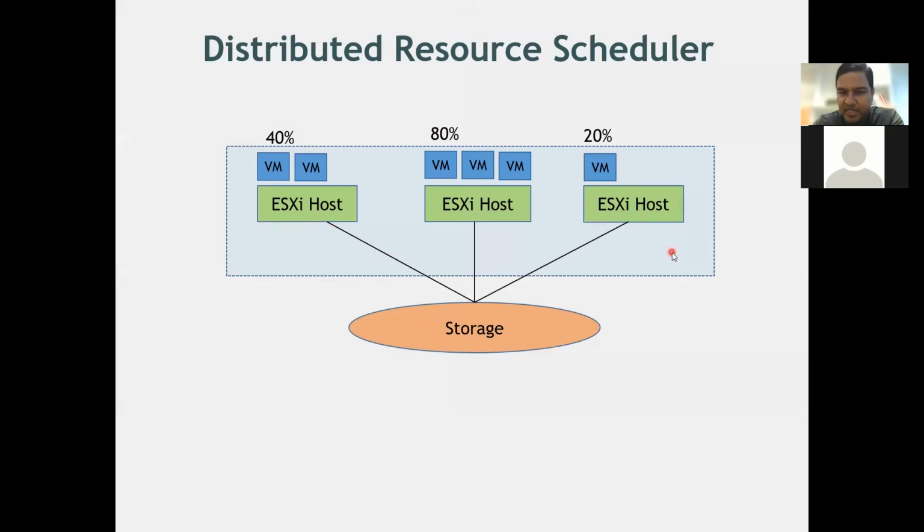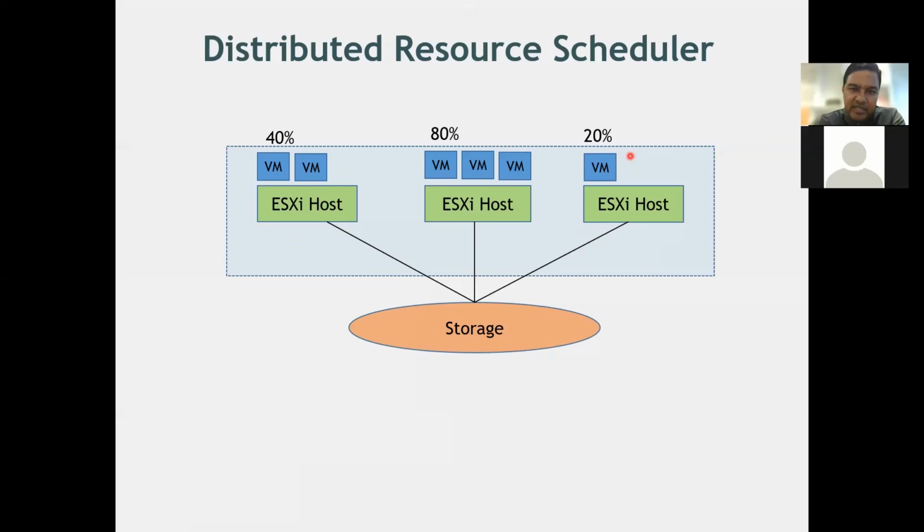We have made them a cluster and we have enabled DRS, the distributed resource scheduler. Now, in one host we have two virtual machines, and let's say the load in this host is 40%. In another host, it has 3 VMs and the load is 80%. Now in the third host, the load is 20%, right?